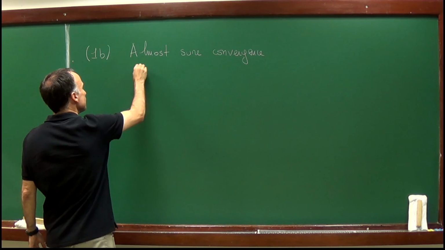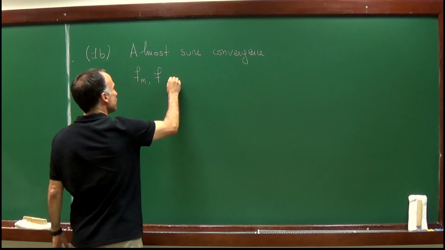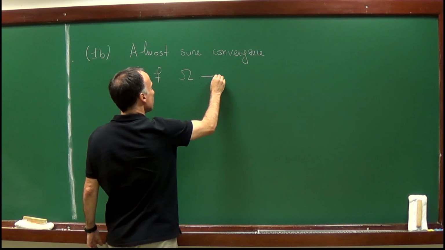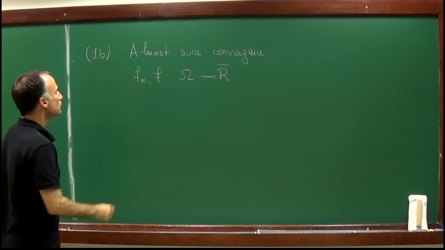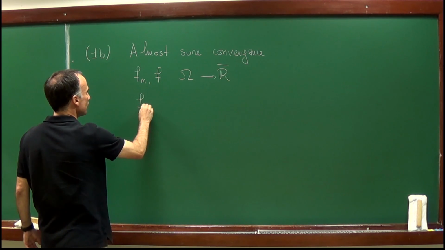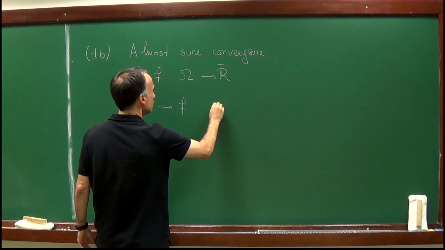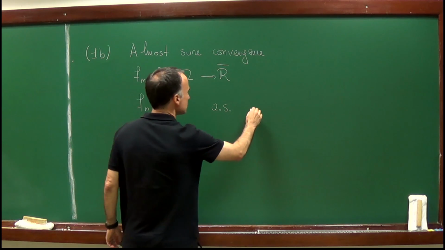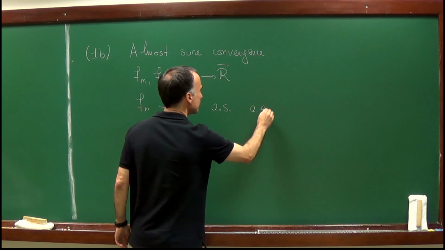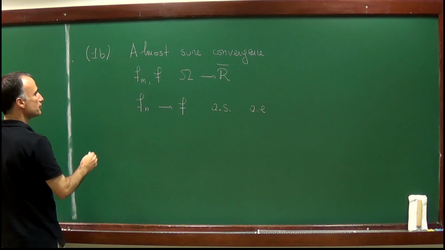Now I have a sequence of functions fn and a function f defined in omega and taking values in R bar. I will say that fn converges to f almost surely or almost everywhere. Sometimes this is represented by a.s., sometimes by a.e. This is a definition.